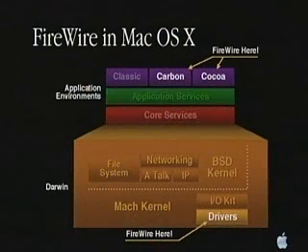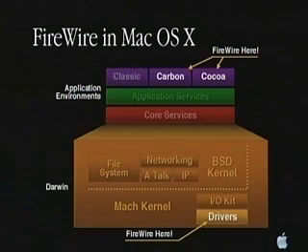This picture shows where FireWire fits in the grander scheme of macOS 10. Down at the bottom, you can see that drivers for FireWire exist at the very bottom of the kernel within the IOKit framework. That's where IOFireWireFamily is located, and also the OHCI or Lynx drivers, depending on what hardware you have in your system.